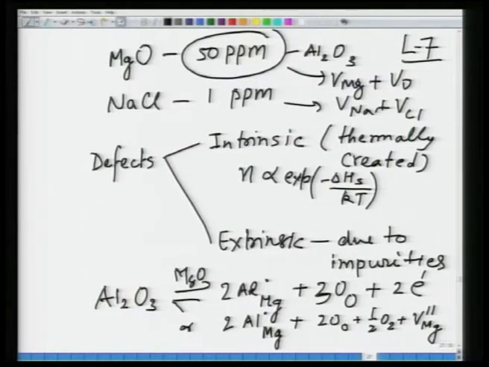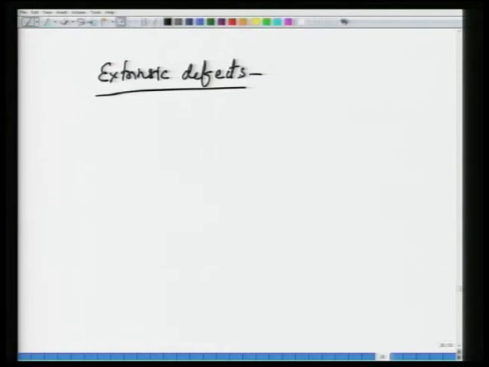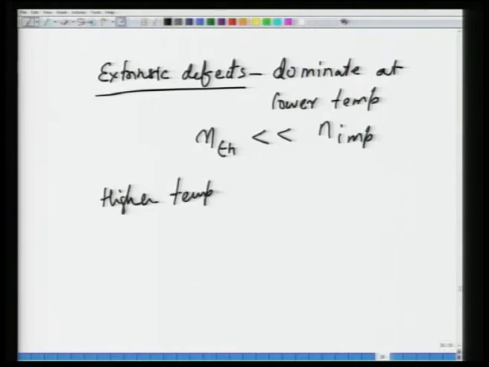So in the case of NaCl, extrinsic defects, these defects which are created due to impurities, dominate at lower temperatures, because N thermal is smaller than N impurity, where N is the number of defects created by either impurity or thermal means, whereas at higher temperatures N thermal tends to dominate over N impurity.